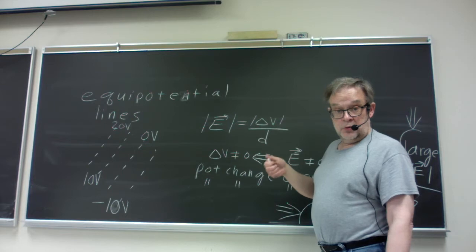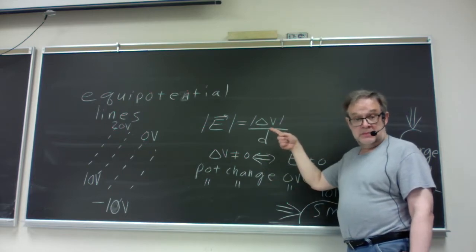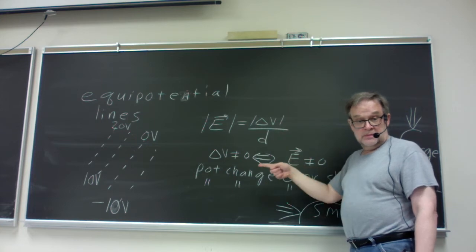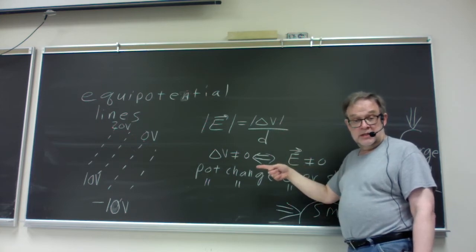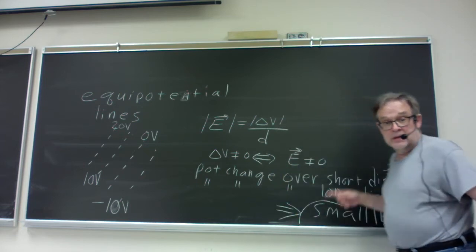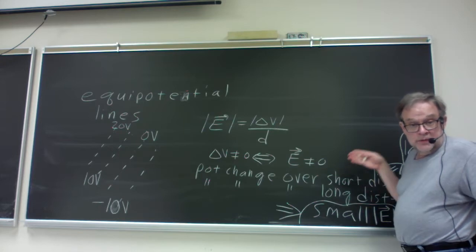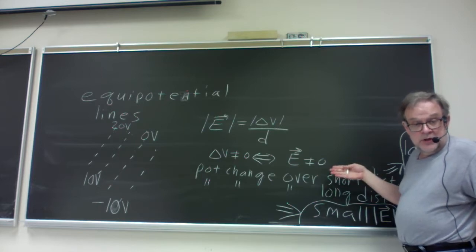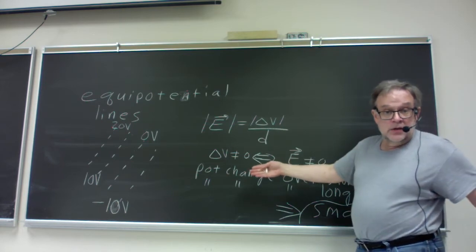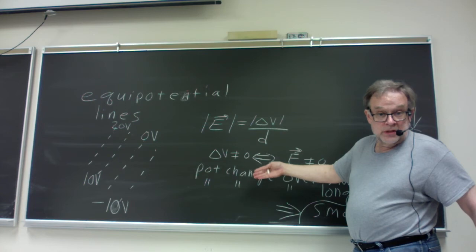One really important thing to notice here is that whenever there is a potential difference, in other words, that potential difference is not zero, whenever there are different potentials at different points, then you'll always get an electric field. Or it works the other way too. If there is electric field, there will always be different potentials at different points.